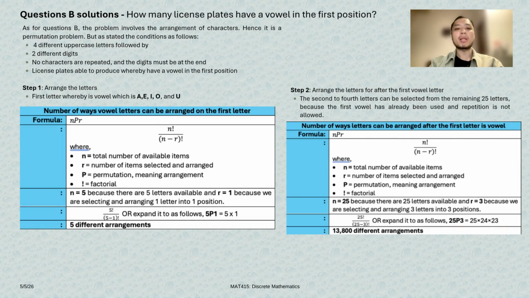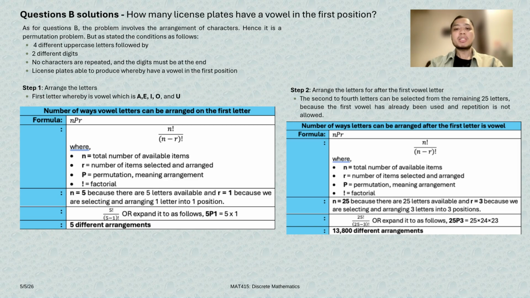Let's go on to step number one, which is to arrange the vowel letters. The vowels are A, E, I, O, and U. This means the first position has only 5 possible choices instead of 26. This condition reduces the total number of plates because the first character is restricted to vowels only. The formula shown here is still nPr equals n factorial divided by (n minus r) factorial.